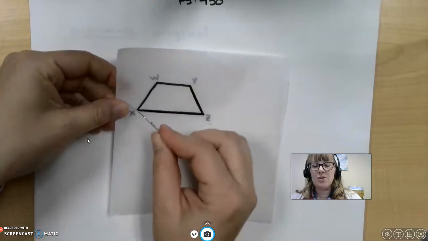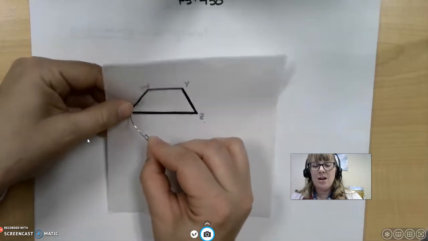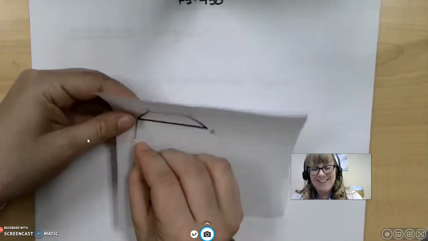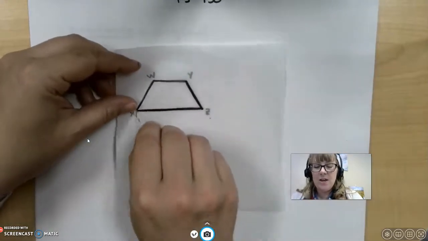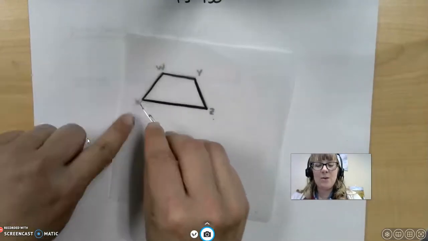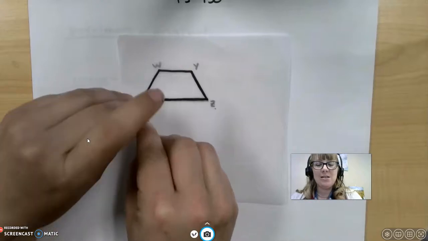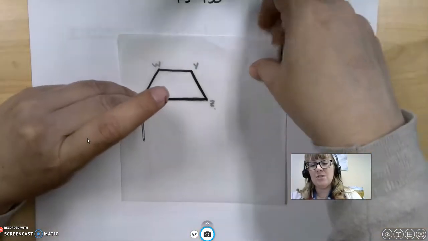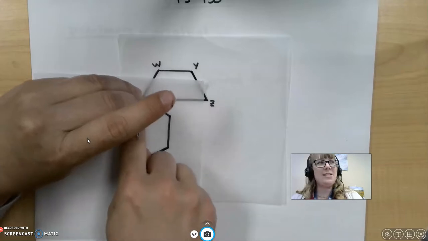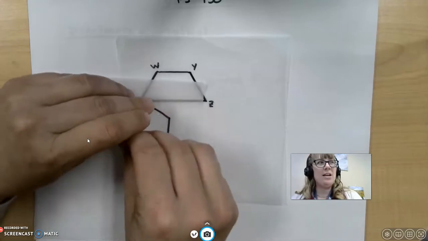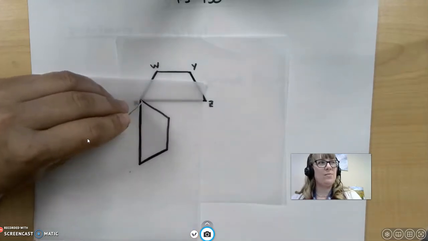Here's the original, but as I rotate about this point X, look at how it changes. Notice that it still has X in common in both of those figures.